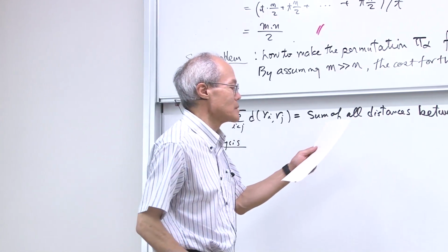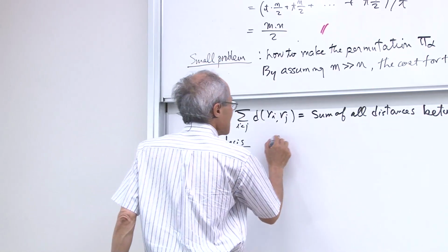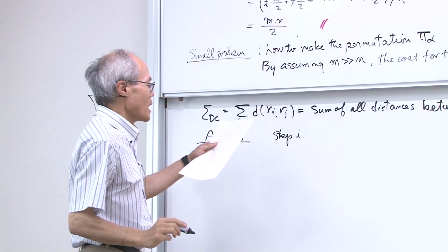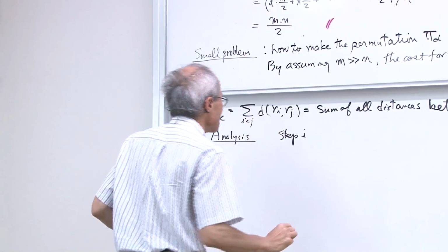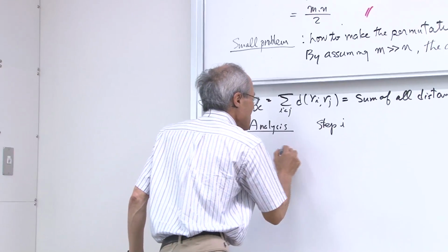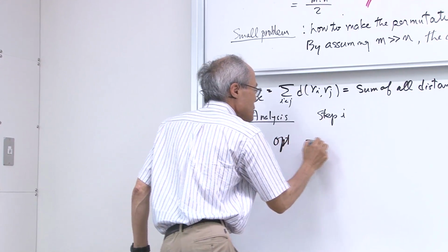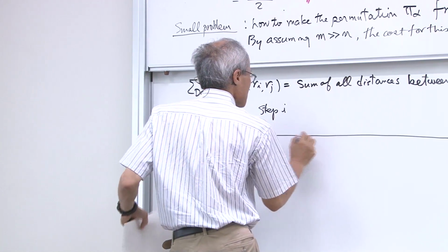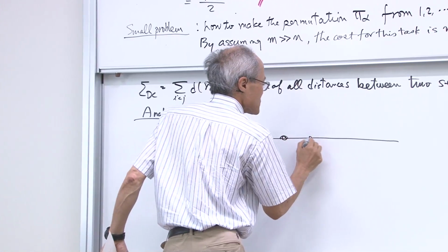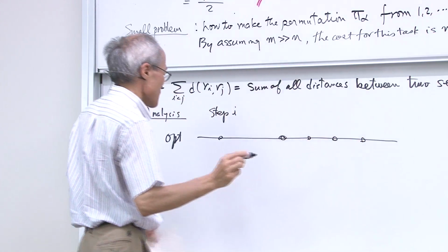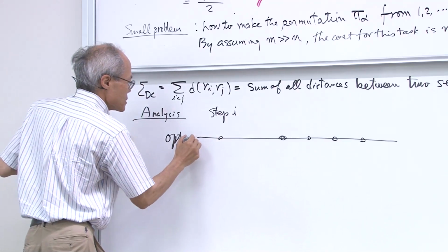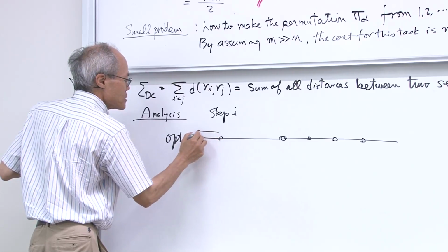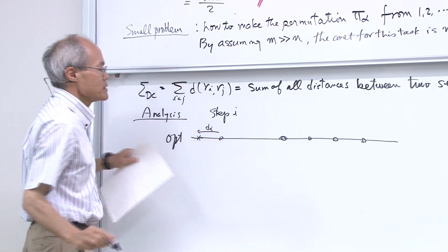Let's start our analysis. Step i. Opt. Suppose that a request comes here, and opt with this guy.